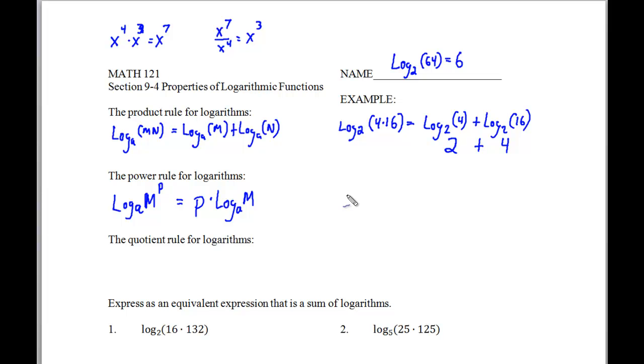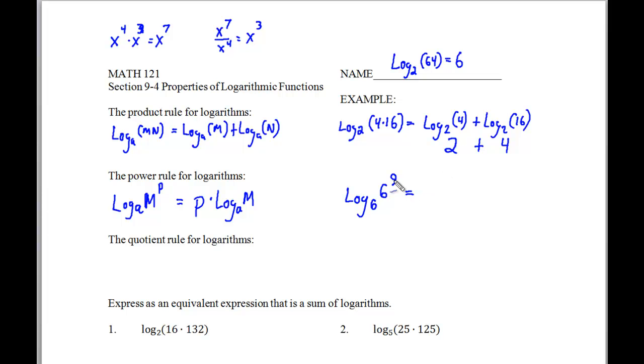So let's take a look first of all at log base 6 of 6 to the 9th power. Now what we did in the previous video is we had a problem where I said, okay, what power of 6 will make 6 to the 9th power? And the obvious answer there was, well, that would be 9. But in this case, what this gives us is a chance to look at this problem as we can break it down.